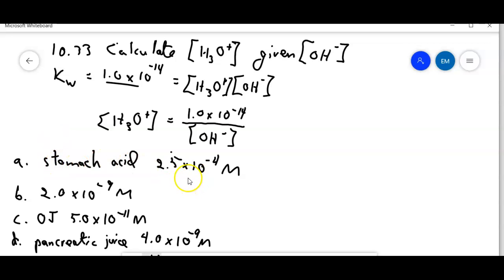Stomach acid, you've got a fairly low hydroxide ion concentration. Or wait a minute, that's 10 to the minus 4th hydroxide ion concentration. Oh, no, wait. Now, wait a minute.